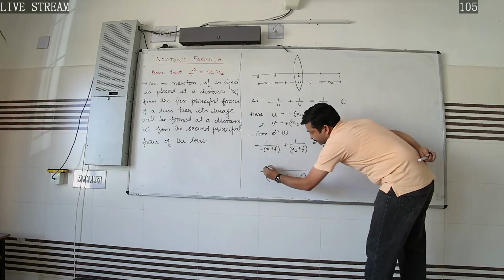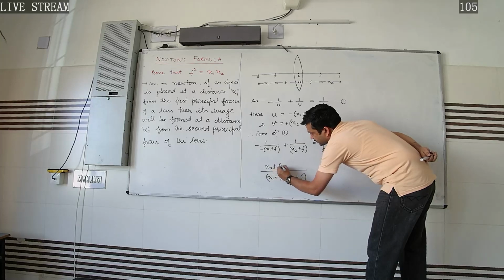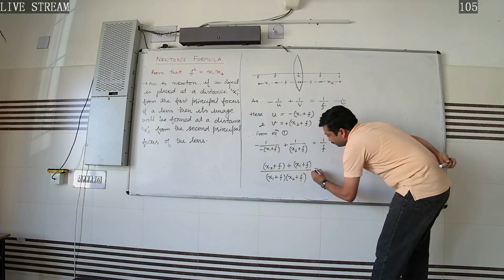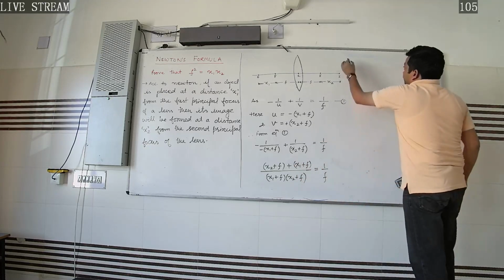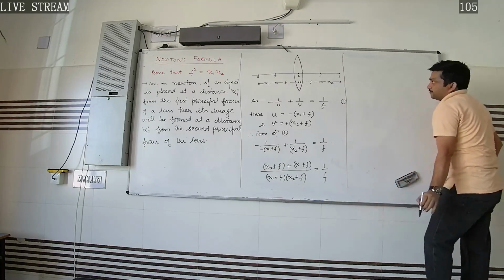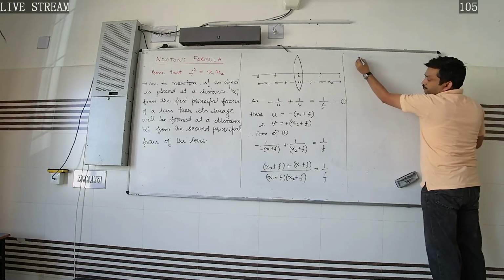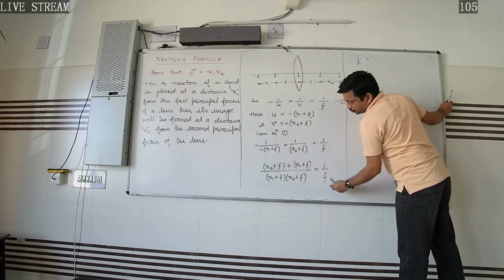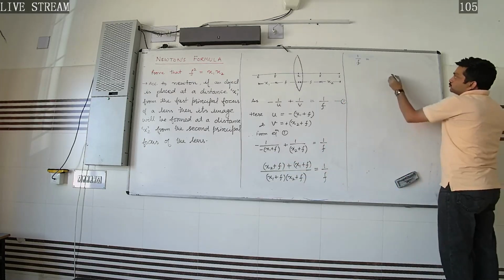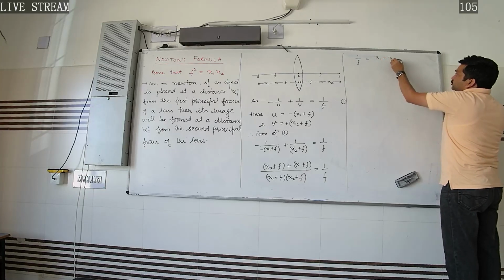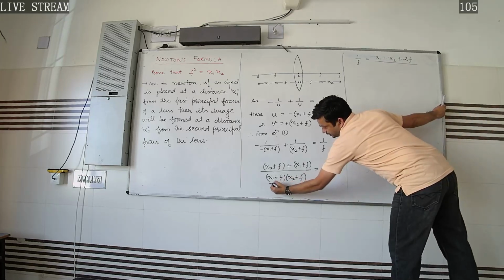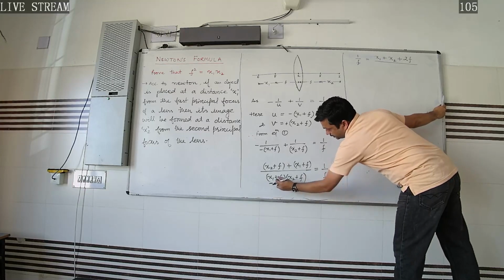So what we get after cross multiplying, x2 plus f, and here plus x1 plus f is equals to 1 by f, like that. Okay. So in the next step, in the numerator, 1 by f is equals to x1 plus x2, and f will get added up. So I am writing here x1 plus x2 plus 2f divided by, on multiplying this x1, first of all we will multiply this x1 with the whole term and then f with this.